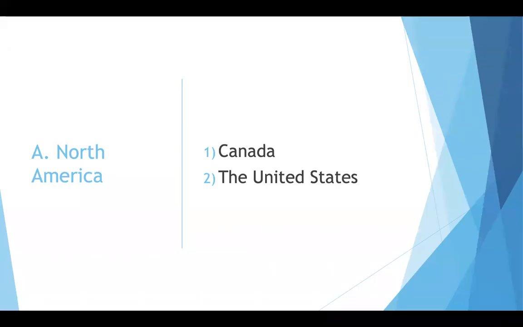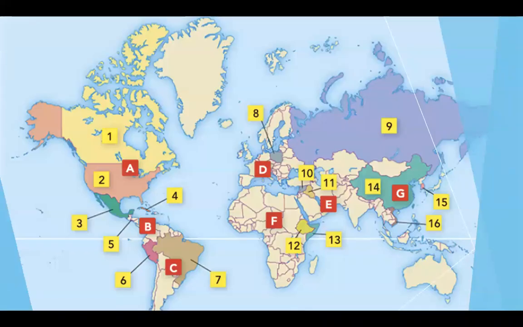All right, so label A shows North America and includes a label for Canada and the United States. So A is North America, 1 is Canada, 2 is the United States. All right, does anyone know what region B is showing?